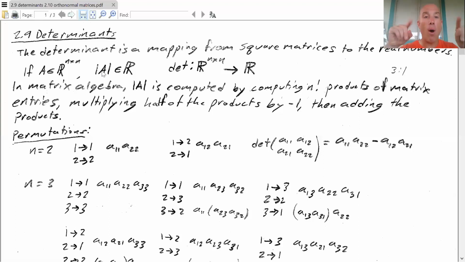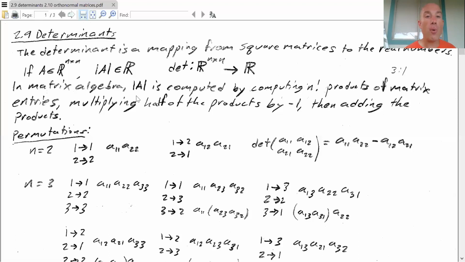When you see the double bars, that is saying it's a determinant of the matrix. In more mathematical notation, the determinant maps the set of n by n square matrices to the real number line. It can be anywhere along the real number line: positive, negative, or 0.